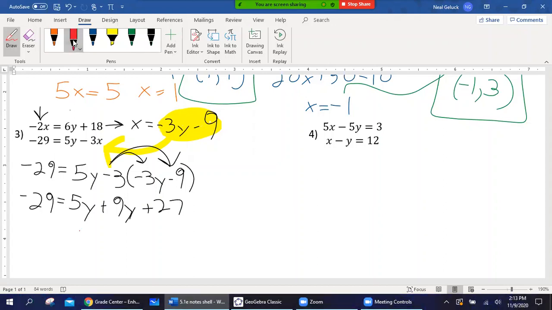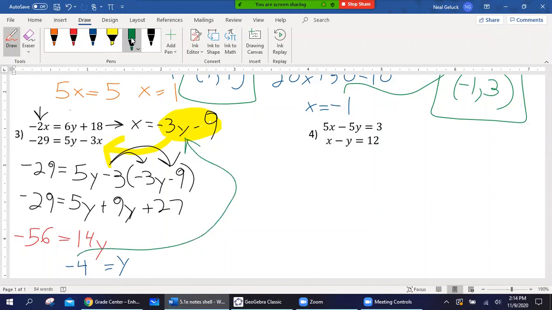Group some like terms, so I've got 14y. If I subtract over the 27, that's going to give me -56. If you divide by 14, you get that y is -4. I still need the x. Easiest place to plug it in would be right there.